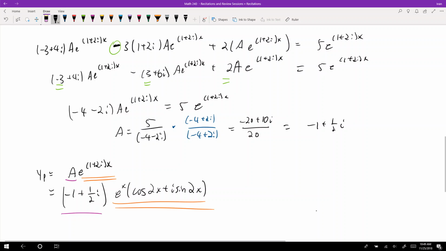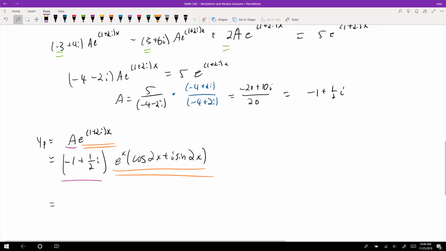And then now we have to FOIL it, right? And to FOIL it, we get the following. So e to the x, we'll multiply all of this out in front, and then you get negative cosine 2x, okay, and then plus 1/2 i cosine 2x, and then minus i sine 2x, and then minus 1/2 sine 2x. Okay, so that's what we'll get.